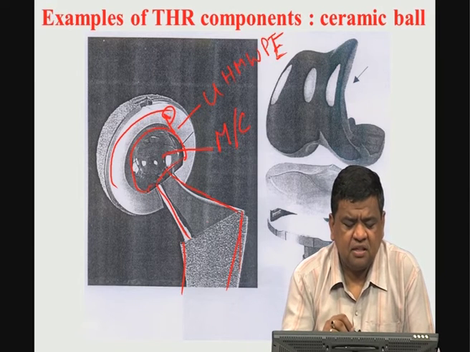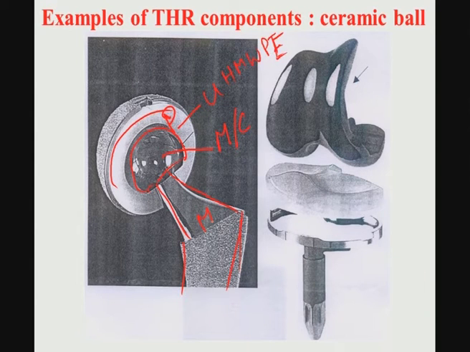So, here again this is a clear example of the metal. So, this is one example where all three material classes are potentially used commercially or clinically: metals, ceramics and polymers, and on the right hand side, this is the example of the total knee replacement. So, again there is a femoral component here and so on.